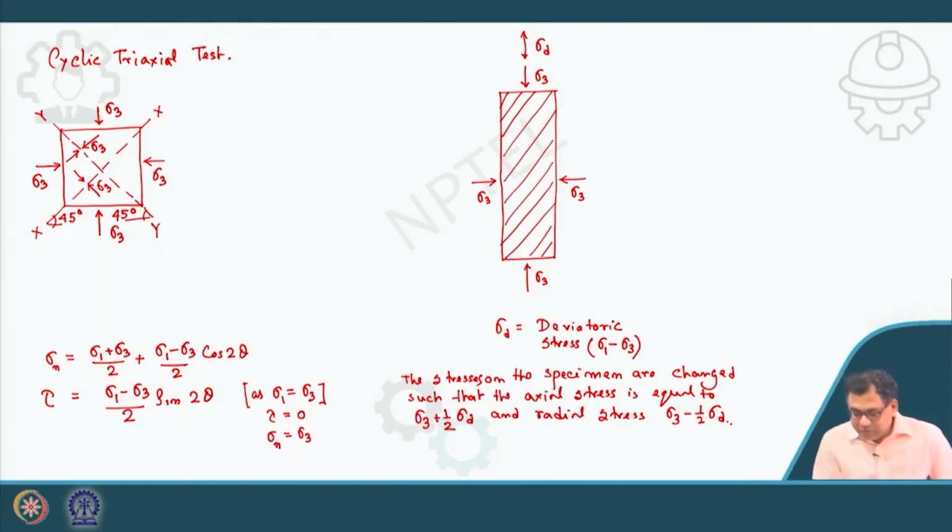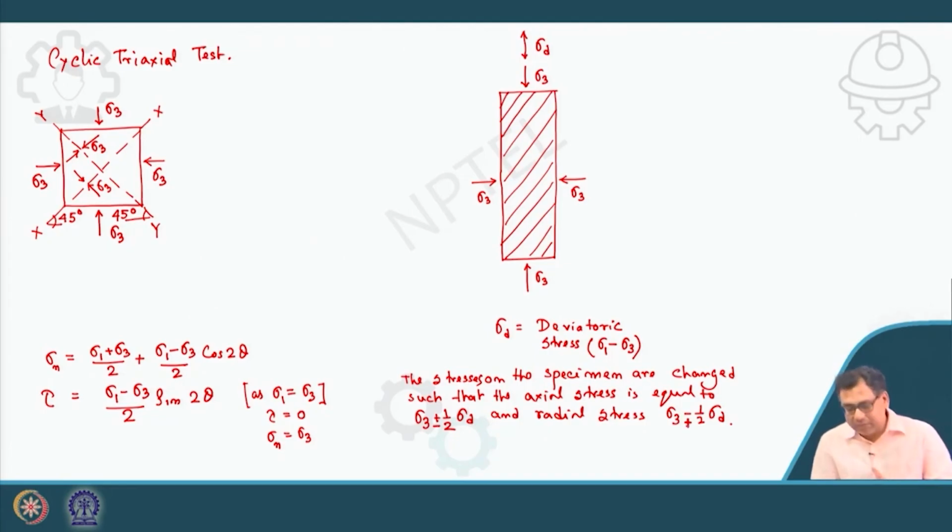So that means the stresses on the specimen are changed in such a way that the axial stress is sigma 3 plus half sigma d and the radial stress is sigma 3 minus half sigma d, or I should say it is plus minus, two cases.